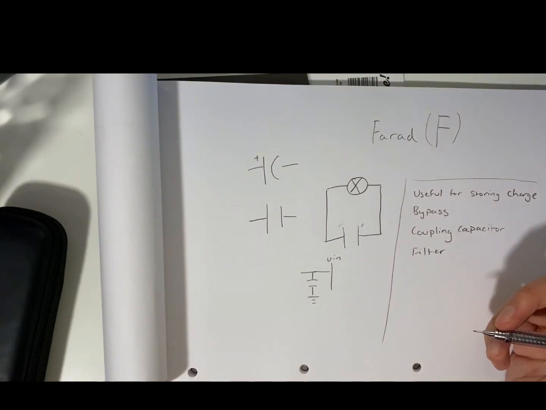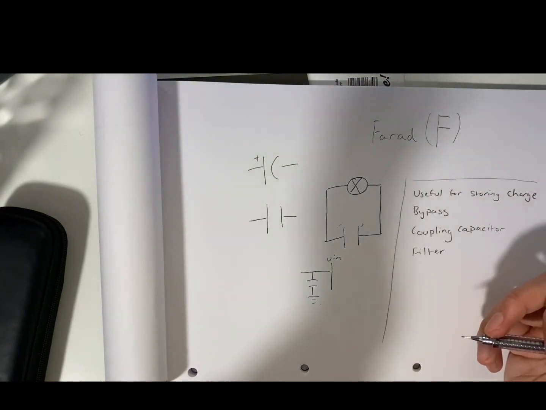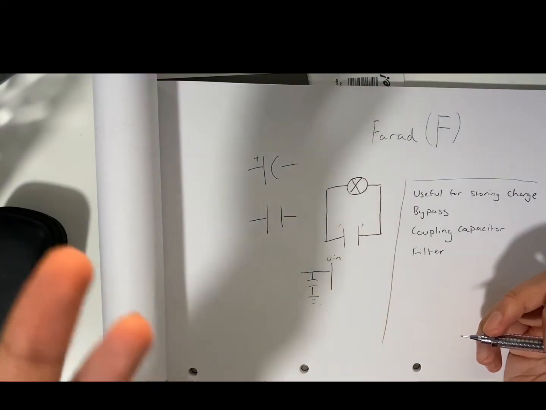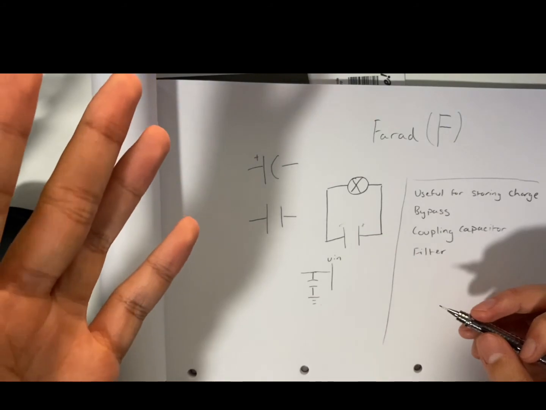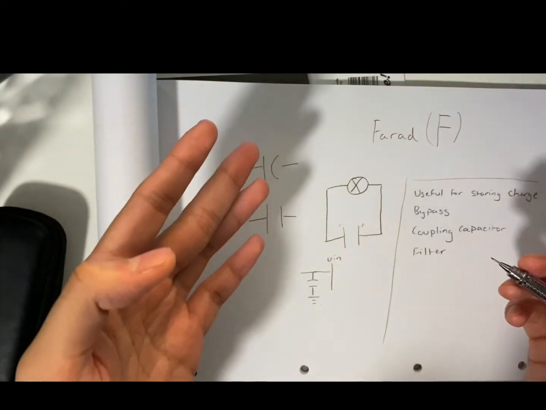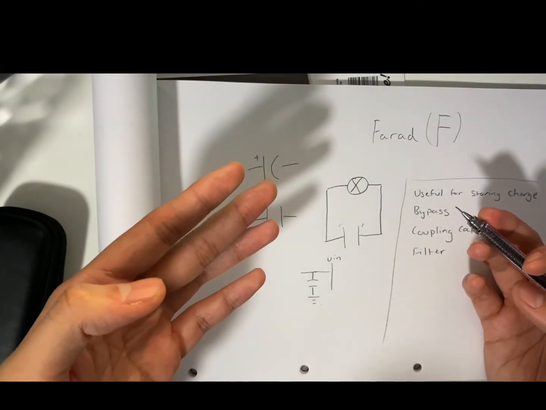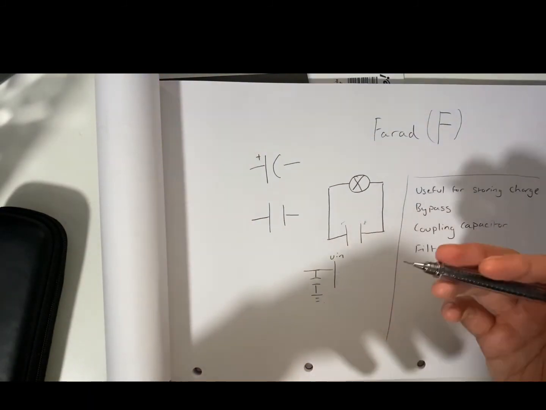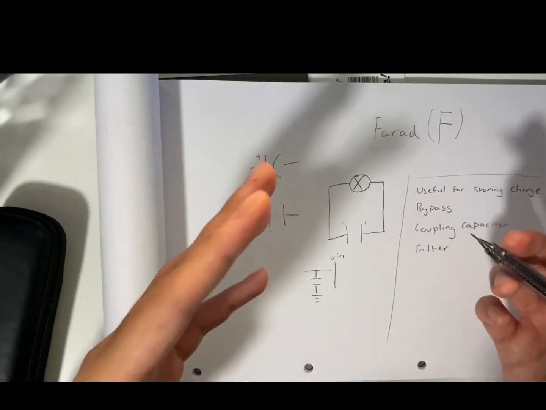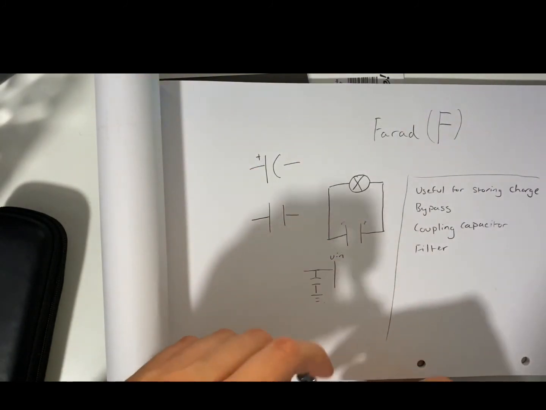But as you could imagine, for example, noise in the power supply, you don't want unwanted noise that may be very sensitive to your equipment. So you want to make sure you filter that out to keep it as minimal as possible, or to let only certain frequencies through if we're making a radio or something like that. So they do have their purposes.